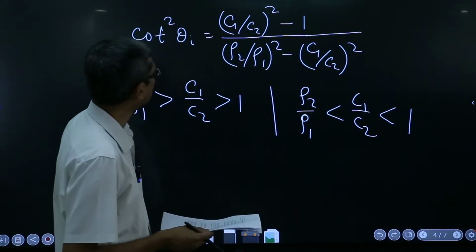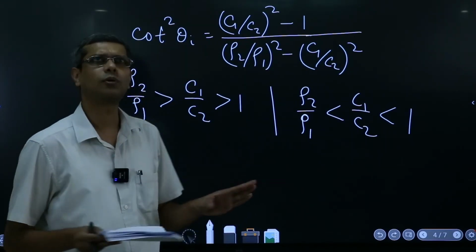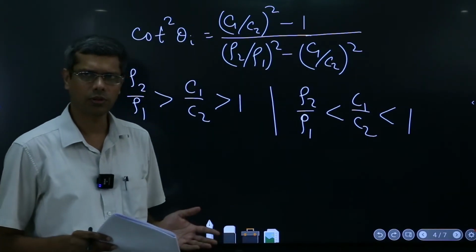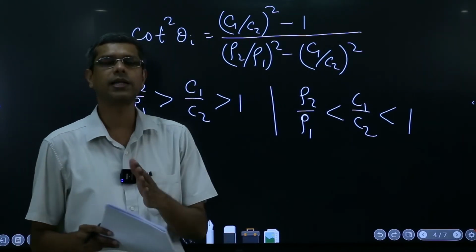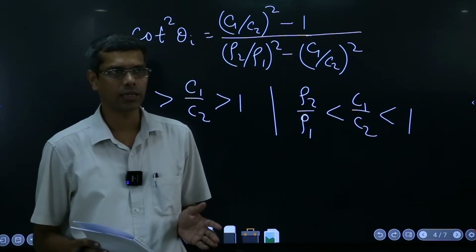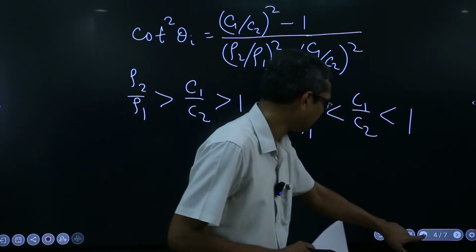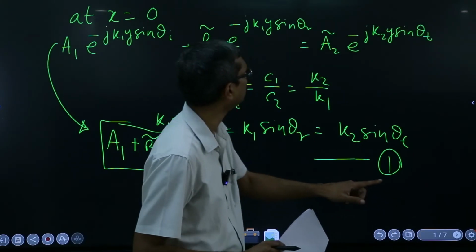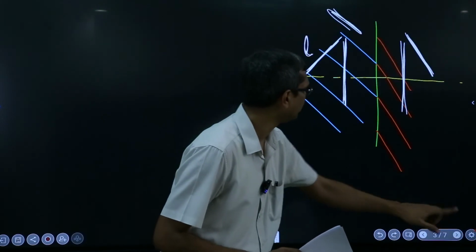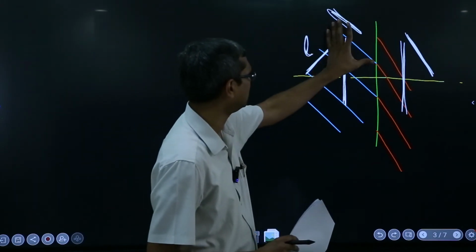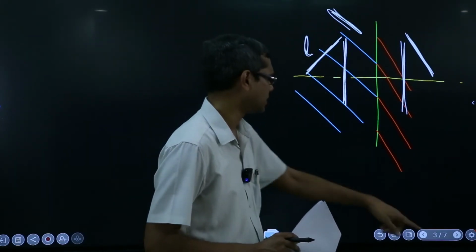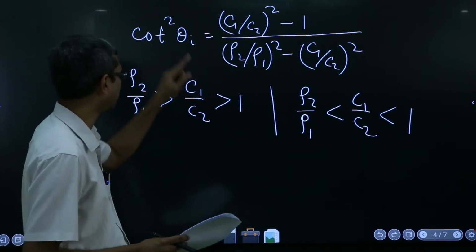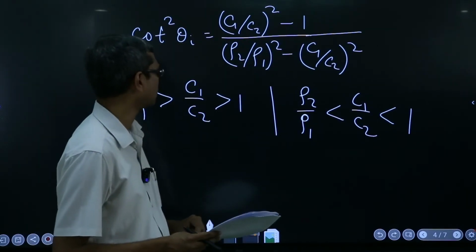So what does it mean actually? If you are saying there is no reflection, that means all the energy gets transferred. If you send some acoustic energy in this direction, the complete energy will be transferred to the other side under this condition, if you choose theta I to be this.